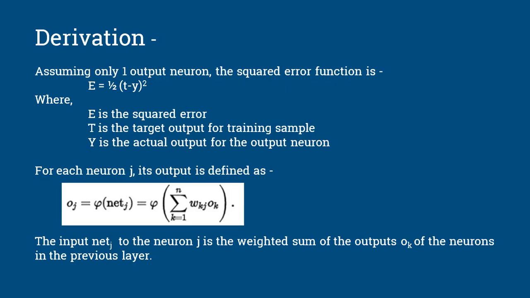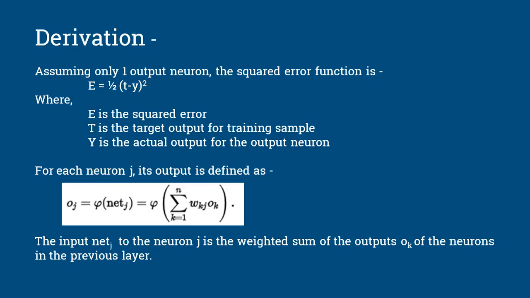So now for each neuron j, we calculate its output using the following equation. The neuron j applies an activation function phi on the net input to that neuron. Now the net input is equal to the weighted sum of the outputs of the previous layer neurons, that is the sum of wkj into ok.